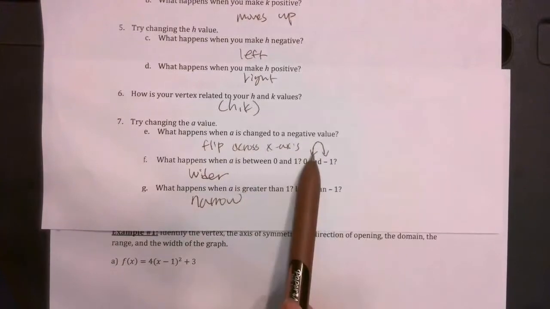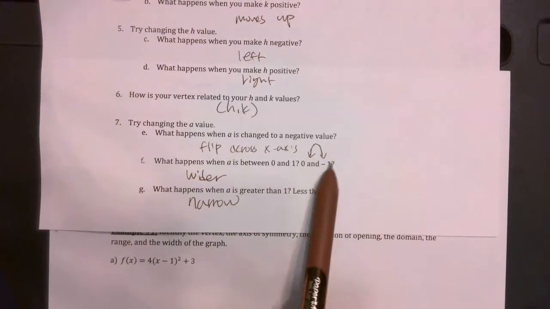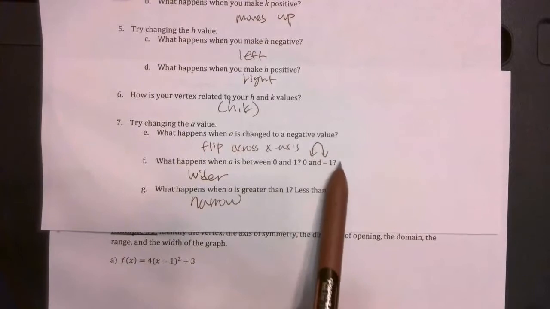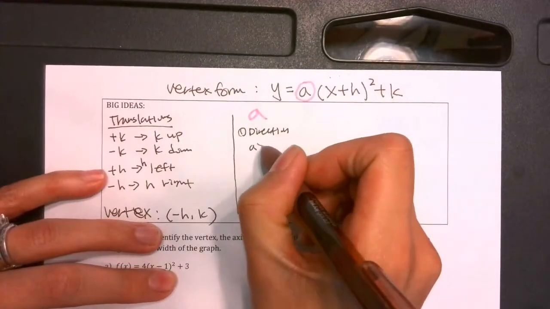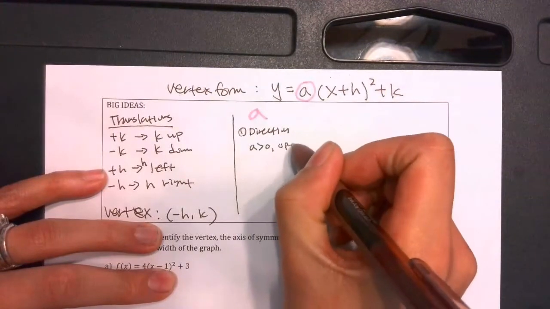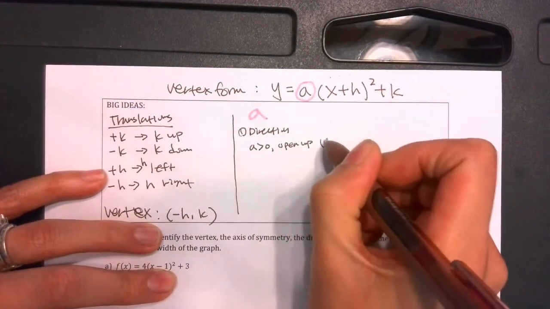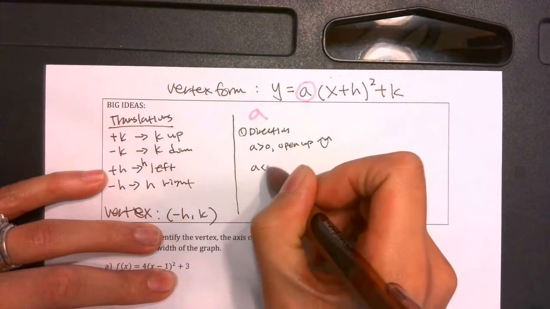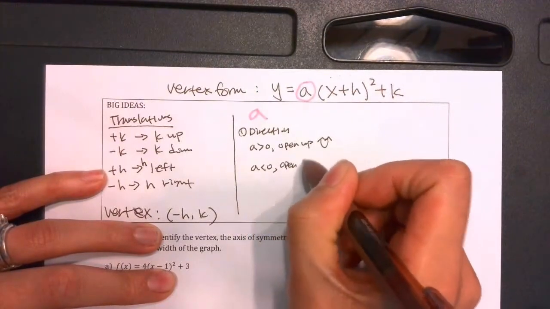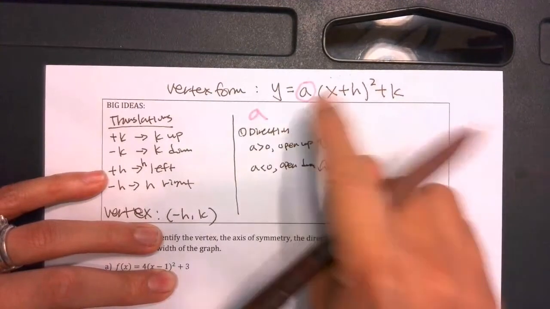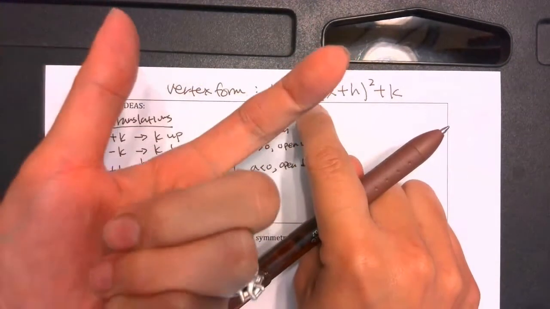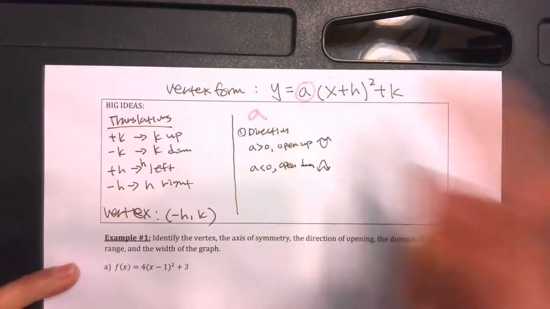It flipped across the x-axis, so instead of the parabola being a smiley face, it is a frown upside down. So when a is positive, it opens up. So it looks like this. If a is negative, it opens down. Upside down, frown face. So if it's positive, U. If it's negative, upside down U.